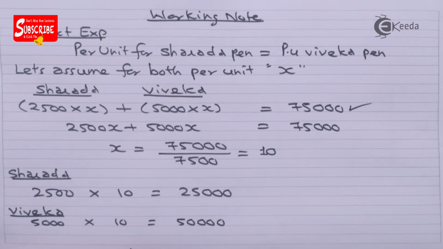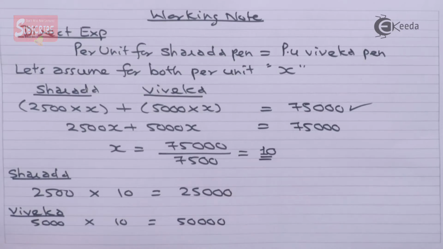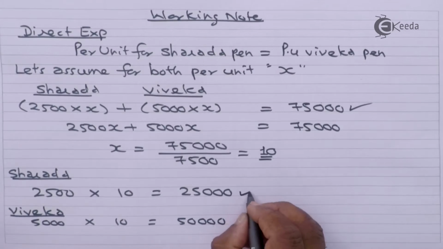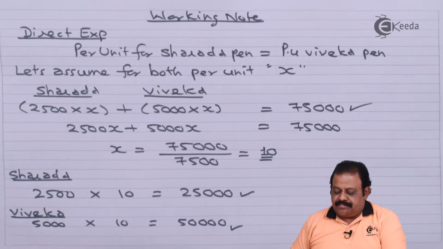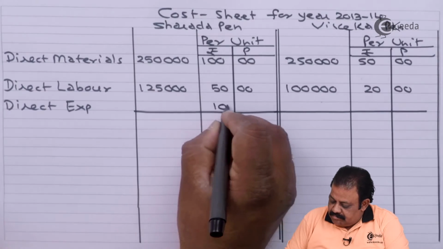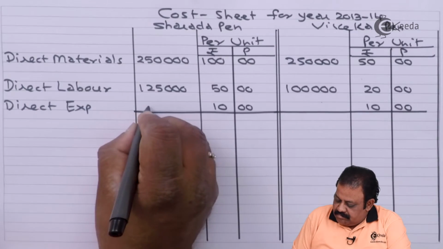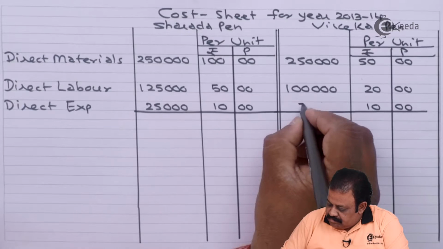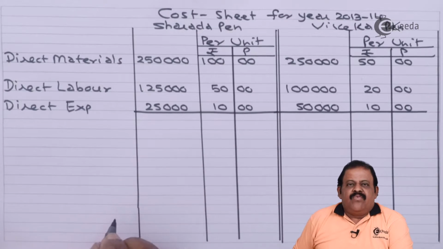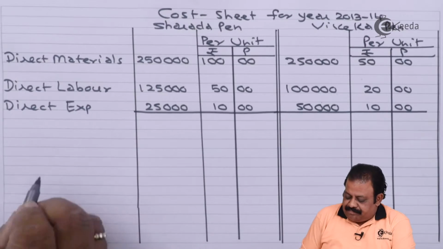Direct expense per unit 10 rupees. It is same for both the products. Total 25,000 and 50,000. Now we can arrive at prime cost.